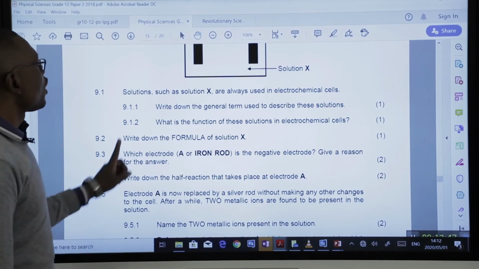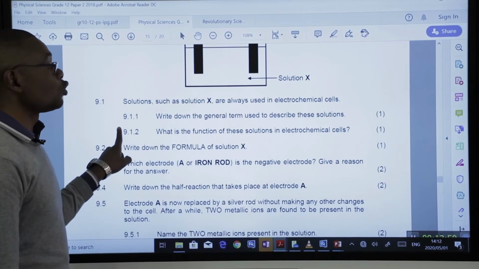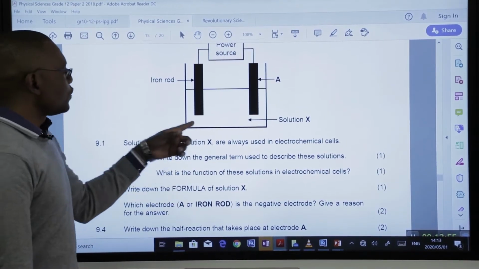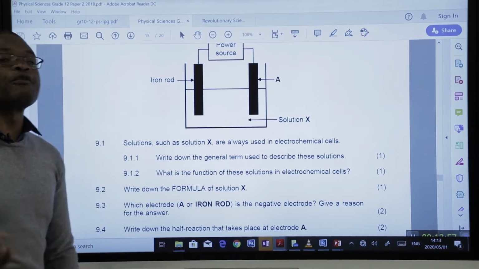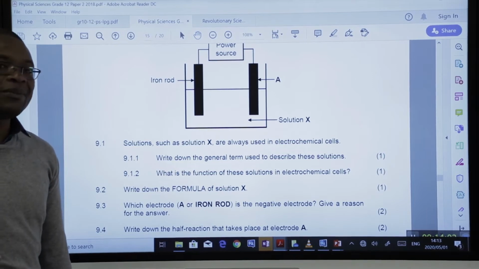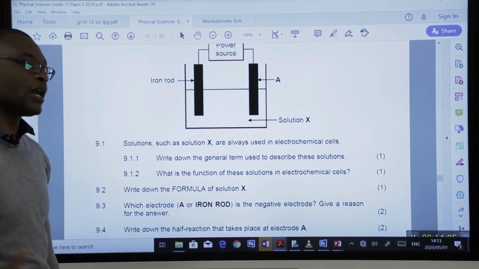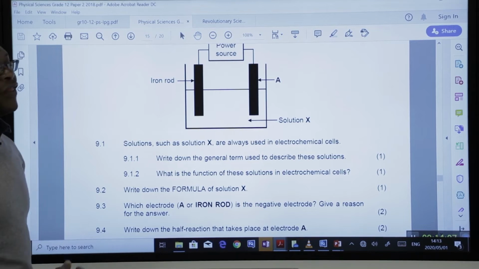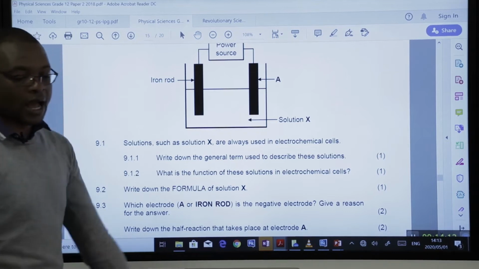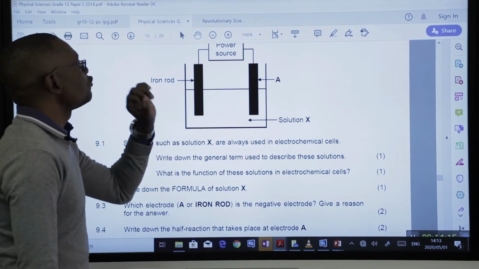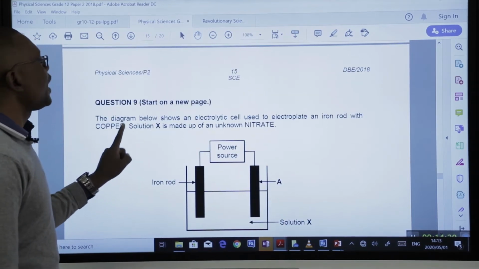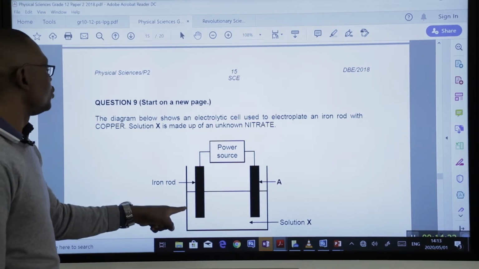So the next part is saying, what is the function of these solutions in electrochemical cells? We've just mentioned it. We are saying this electrolyte is composed of ions, and we are saying ions are capable of carrying around electrons through the solution, where they are being generated to where they are being given away. So like in this case, we are going to electroplate an iron rod with copper.